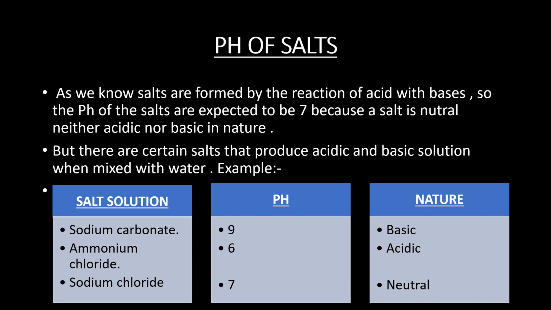As we know, a pH value of 7 shows a neutral solution. It means if we find the pH value of a neutral solution, it comes to 7. The substances that have a pH value less than 7 will be acidic, and the salts that have a pH value more than 7 will be basic in nature.